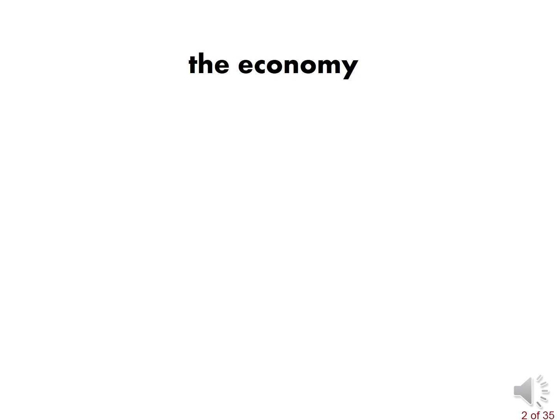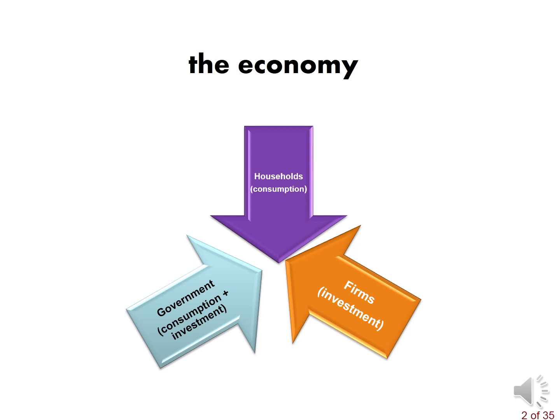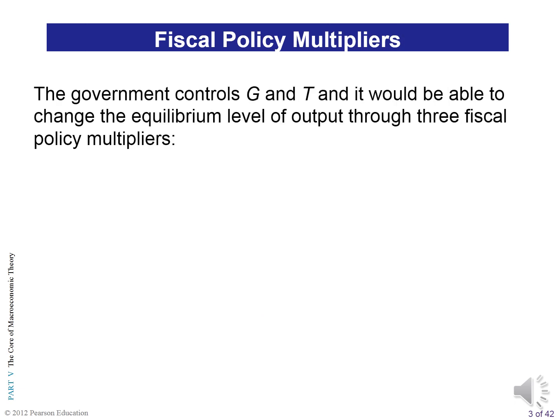Just let me remind you that our economy now is a closed economy with government, which consists of three sectors: household sector, firms, and the government. Today our lecture is about multipliers. We have three different fiscal policy multipliers related to the government.